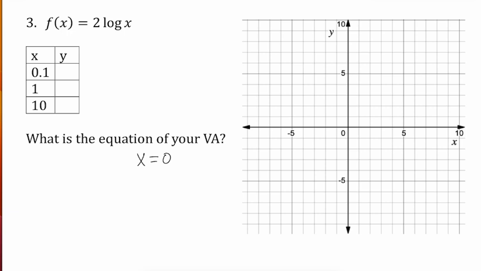So the first thing I want you to put on your graph paper, please, is a dashed line down the y-axis. Okay. Now, if you don't see an index, you can use a calculator, but let's put a little 10 there, because that's what it is.